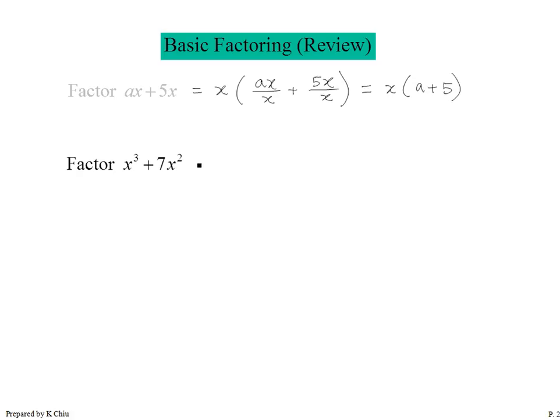So I'm going to factor out the x squared, and then times the leftover, which is x cubed divided by x squared plus 7x squared divided by x squared. Simplify that, so that becomes x squared times, open parenthesis, x cubed divided by x squared, what would that be? x. Plus 7x squared divided by x squared, what do we have? 7.